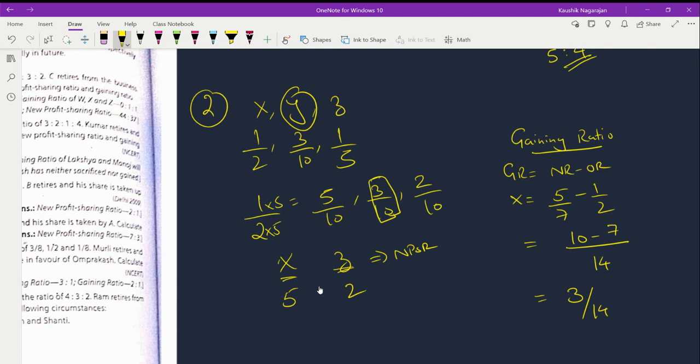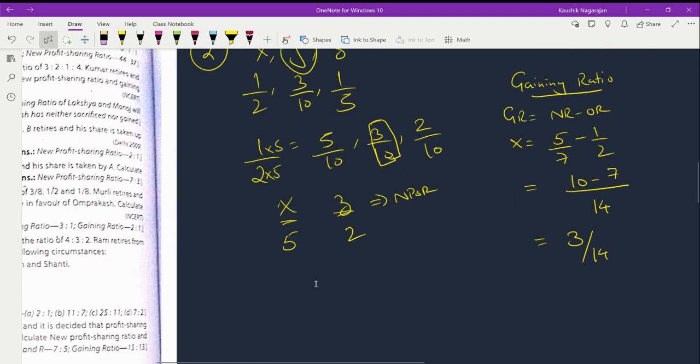Okay, so my ratio for the first person is 3 by 14. The next one I should try out for partner Z. So for partner Z, the new ratio is 2 by 7 minus 1 by 5. So here the LCM is going to be 35, right?